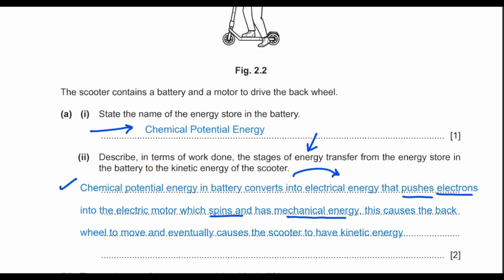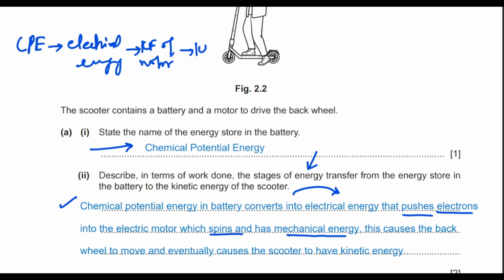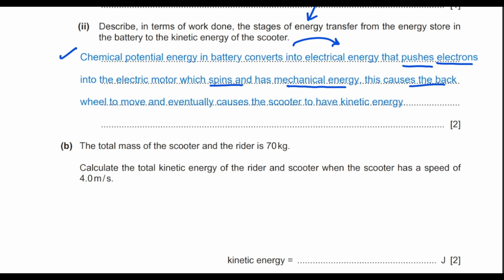So in terms of the arrows that you've probably done in classes, it's chemical potential energy converted first into electrical energy, and then it converts into the kinetic energy of the motor, and then eventually the kinetic energy of the boy and the scooter, or the whole system, right? So the motor moves, this causes the back wheel to move, and eventually causes the scooter to have some kinetic energy, or it starts moving.